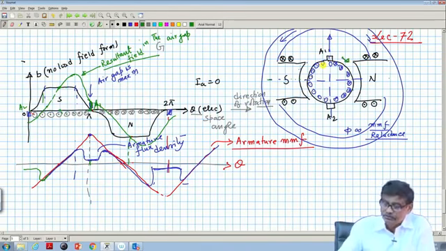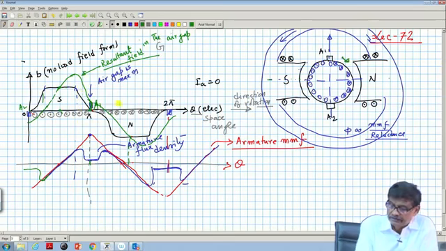Is that point clear? So, this must be understood very clearly. This is the detailed flux density distribution waveform when the machine is loaded, when armature is carrying current, which is otherwise simple, because it tells me many things.